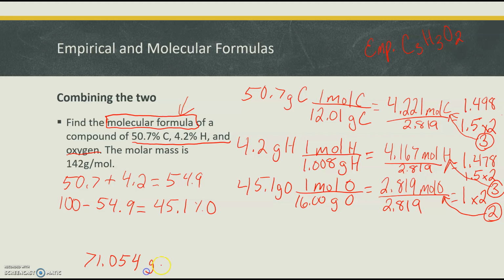Remember, this is grams per mole. We are dividing our given molar mass by that amount. Our given molar mass is that 142 grams per mole. Note, our units cancel out.